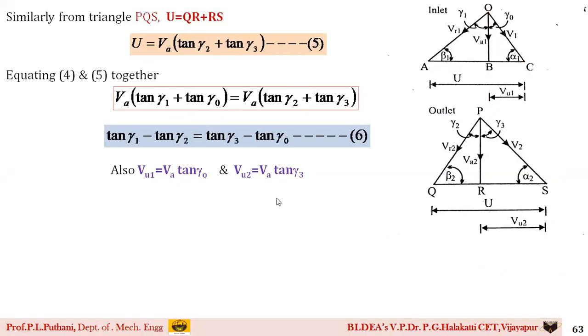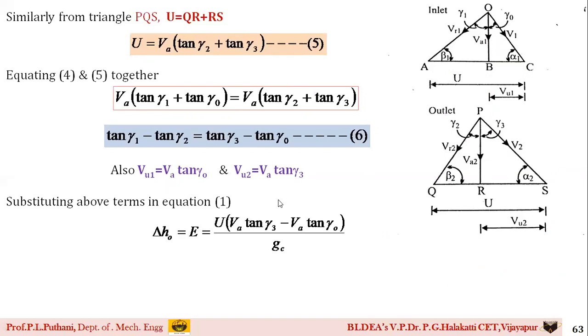So if we substitute the values of VU1 and VU2 in equation 1, what do we get? This is the value of tan gamma 3 minus tan gamma naught. What is our equation 1?